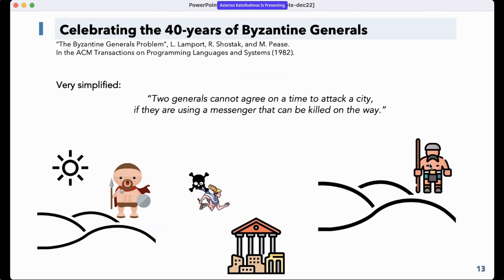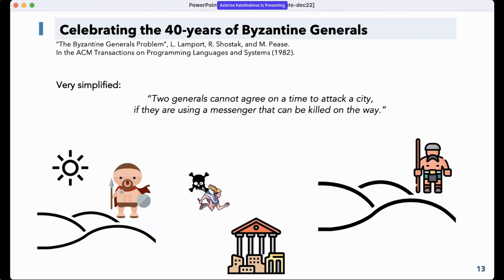If the generals want to agree on what time to attack the city, which you see here, they have to send a messenger. The first general says, do you want us to attack at 5 o'clock? The messenger goes to the second general. The second general agrees: yes, let's attack at 5 o'clock. And then the messenger again goes back to the first general and reports. And if they agree, they will attack the city.